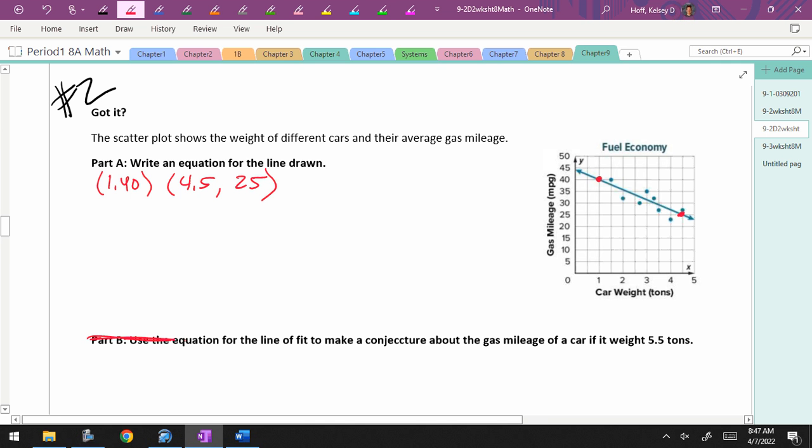Again, you don't have to make the conjecture, just write the equation. Anything on the back? Flip it over.